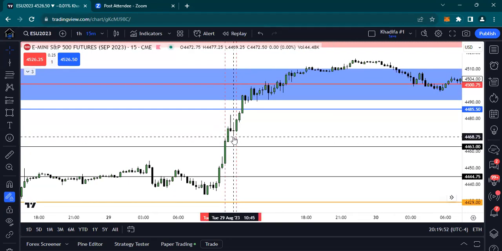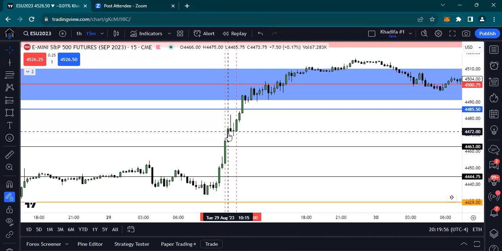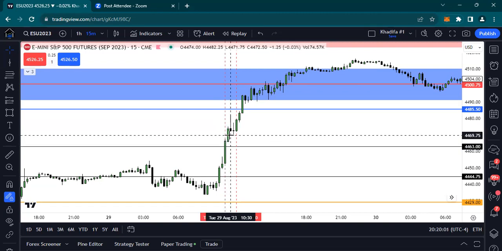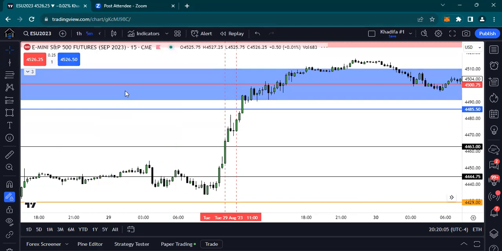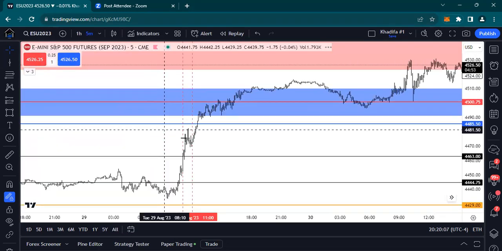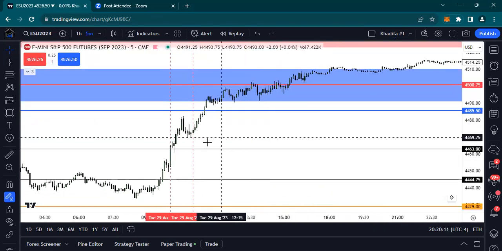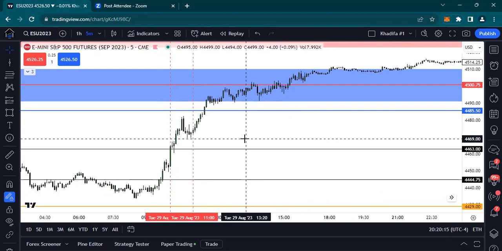And gave us a little pullback right here into this fair value gap that we created after closing above the 79% level. So I'm taking you all the way down so you can see what price is doing from the weekly all the way down to the minute time frame.